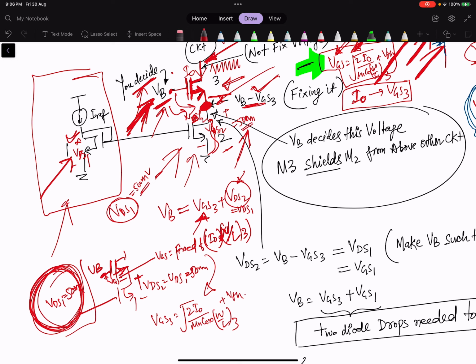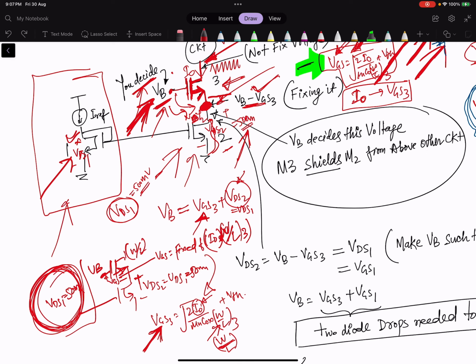The point is I naught we know, what we want. W by L we will decide, we will make the size, and for that I naught and W by L3 we know what VGS is required. We will not change the size, we will fix this W by L3.